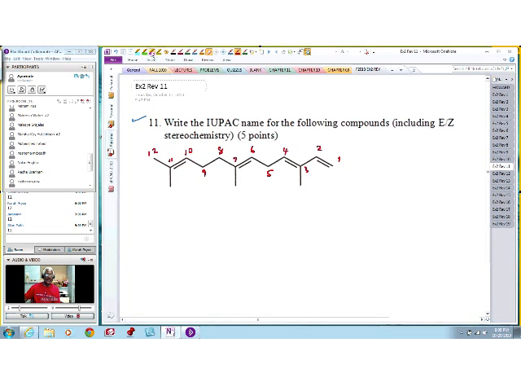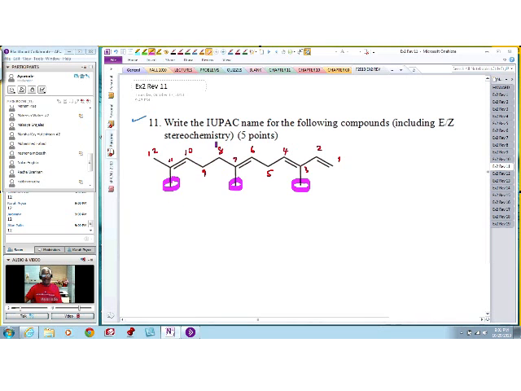Very good. So therefore, that means we have branches, a methyl branch in position 3, another methyl branch in position 7, another methyl branch in position 11. And in this molecule, we have 4 double bonds. Okay?